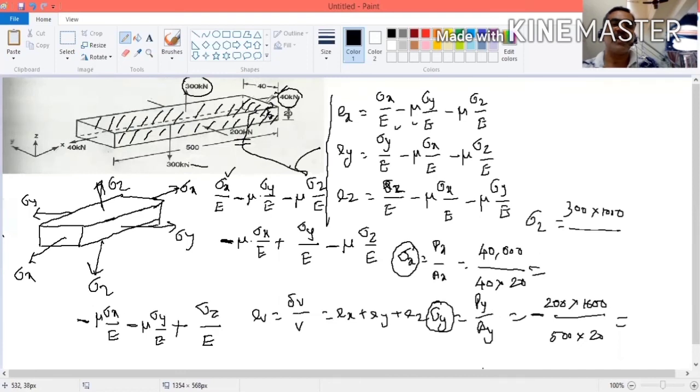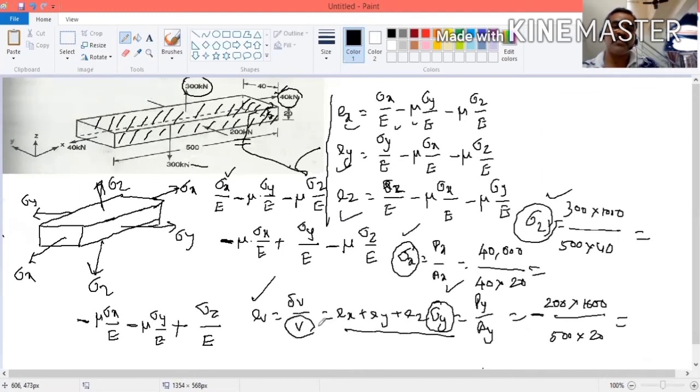How much? 500 into 40. This will give sigma z. Now we have all the values, sigma x, sigma y, sigma z. You substitute in the equations and find the values of Ex, Ey, Ez. Now you substitute in this equation, you find the volumetric strain.